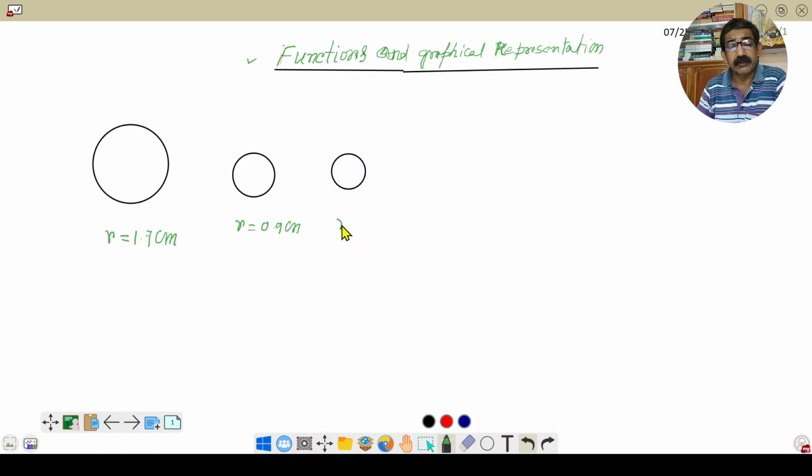R is equal to 0.7 centimeter. And another, 0.5 centimeter.